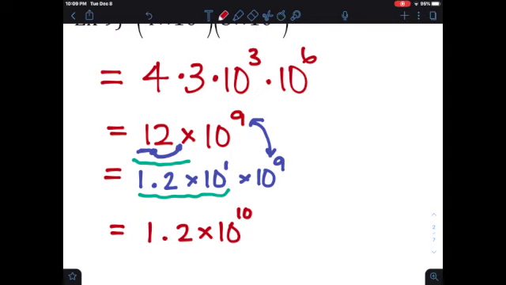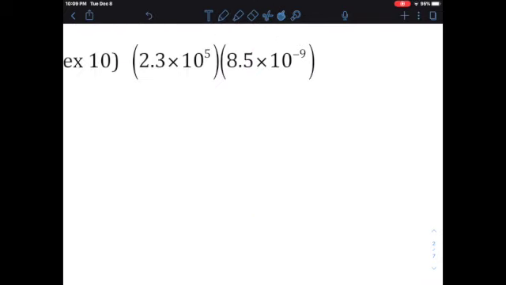Make sure that with the answer you have at this step, when you multiply together, the 12 needs to be written in scientific notation form. Now when you do the same thing, you are going to add the exponents. Even though it's a negative 9, it's still totally okay to add a positive and a negative number together.